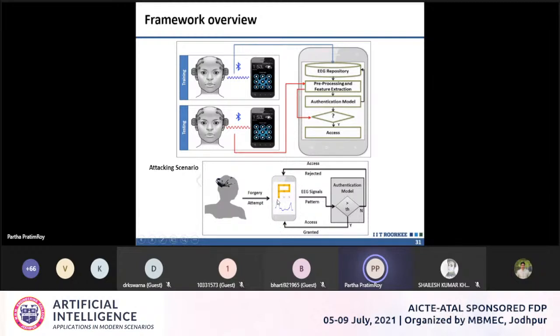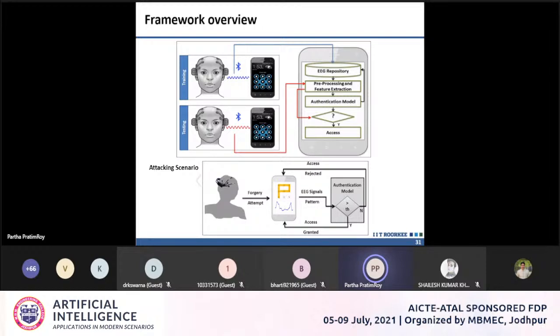If someone is making a Z pattern or P pattern, we will record that EEG signal, and we'll see whether this test signal is matching with the genuine person's model or not. How will you match? Based on similarity.